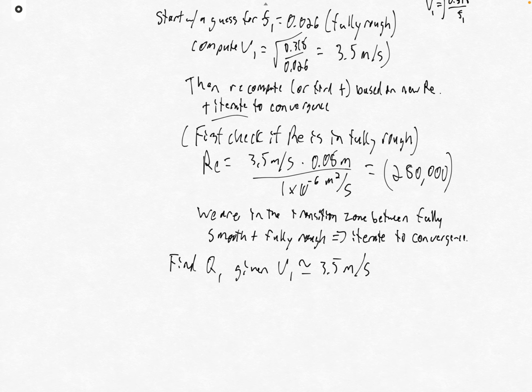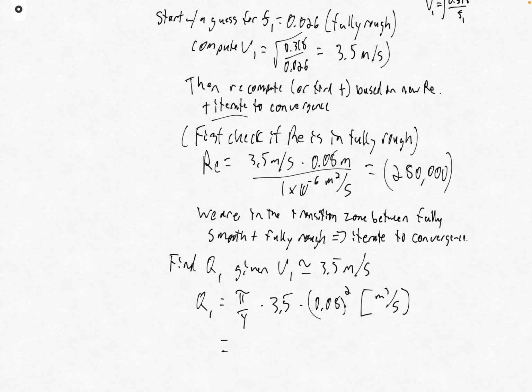And so Q1 is going to be pi over 4 times 3.5 meters per second times the diameter, 0.08, squared. This whole thing is going to have units of meters cubed per second.